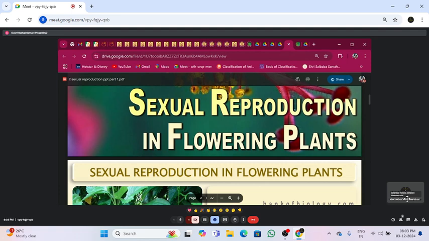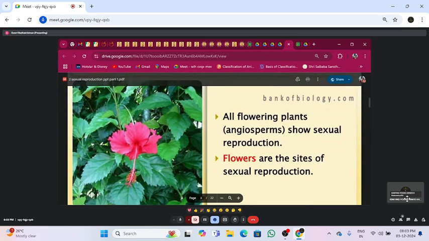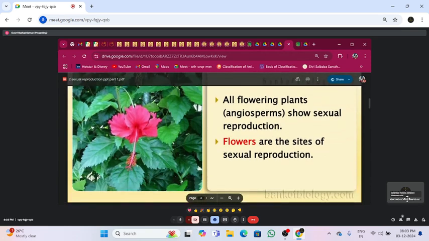Sexual reproduction in flowering plants, angiosperms. The specialty of the angiosperms is that they produce flowers, seeds, and fruits. Almost all the flowering plants show sexual reproduction. The site where sexual reproduction actually happens is the flower.